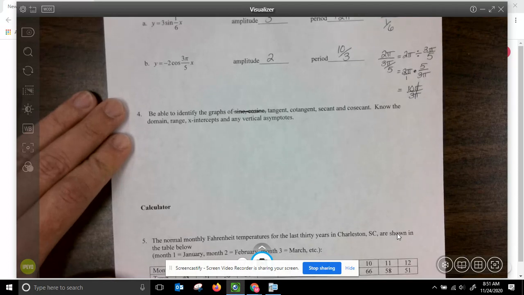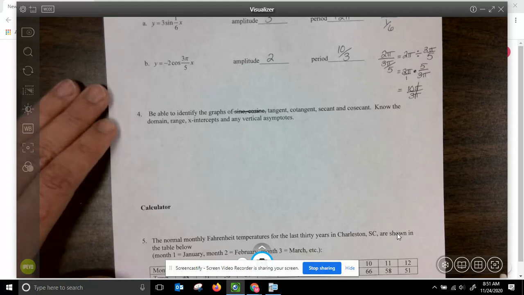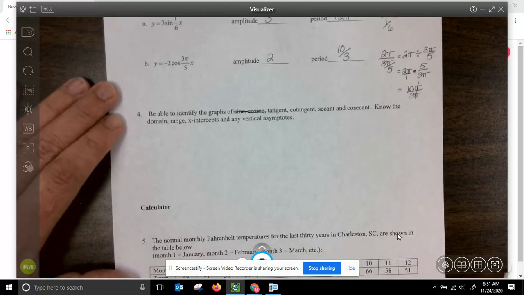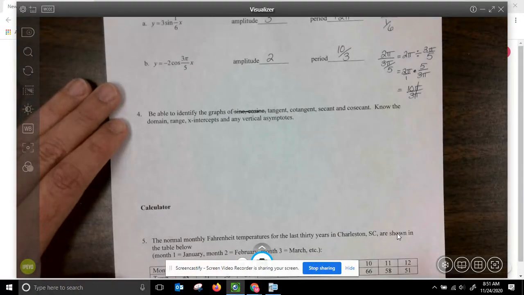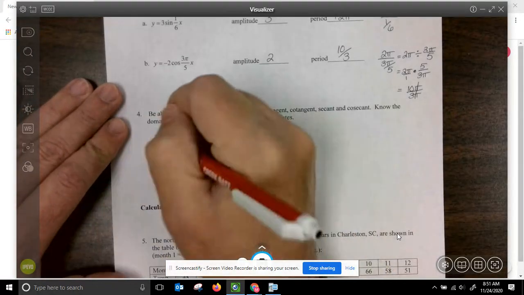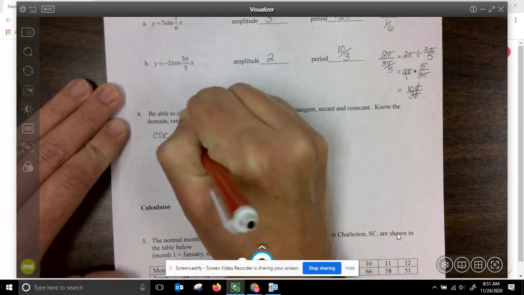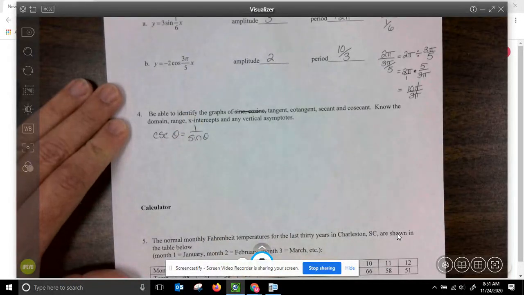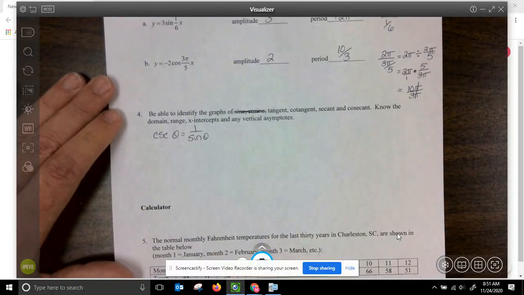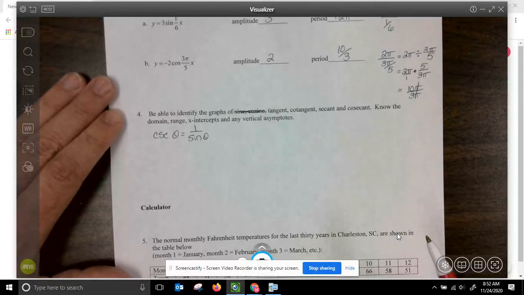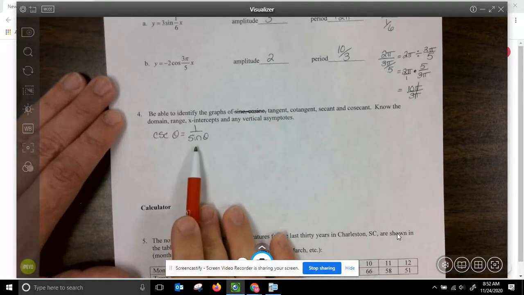Now, you don't necessarily have to just stare at that sheet and memorize them. If you combine what we know from rational functions that we studied earlier in the semester and some of the trigonometric identities that we talked about when we first got into trig, you can actually just figure these things out. So, for example, cosecant of theta is equal to 1 over sine of theta. We know from rational functions that you get vertical asymptotes whenever the denominator is 0.